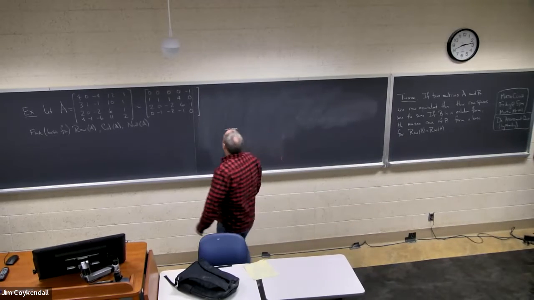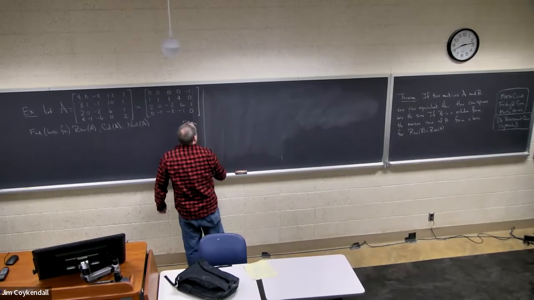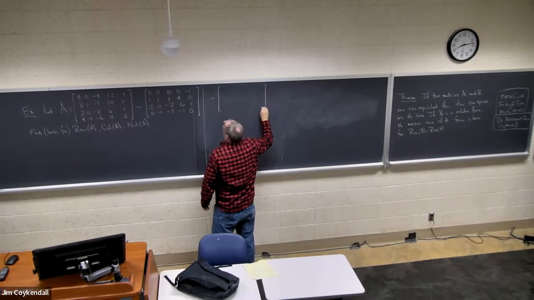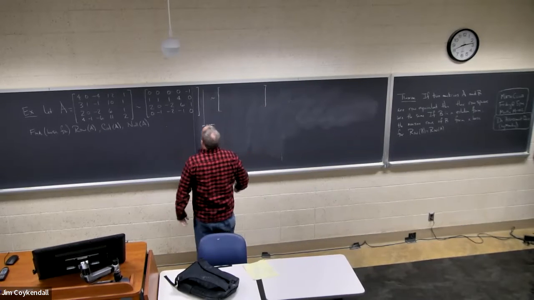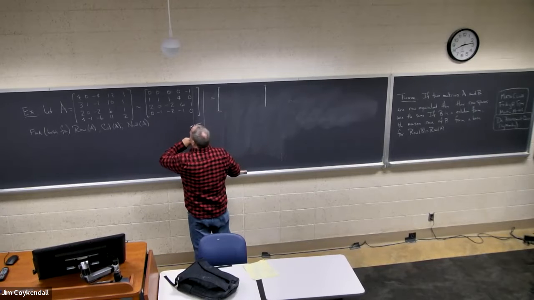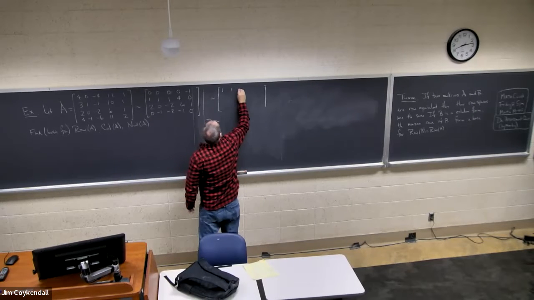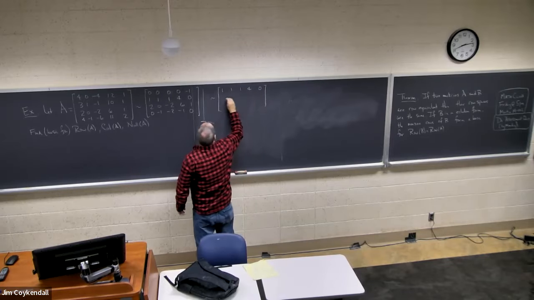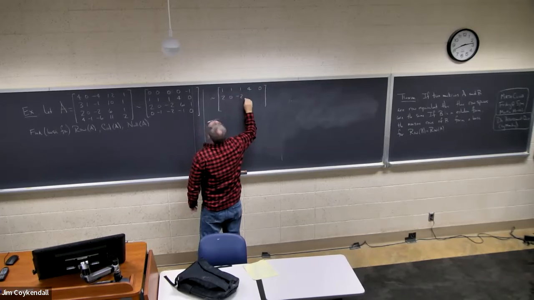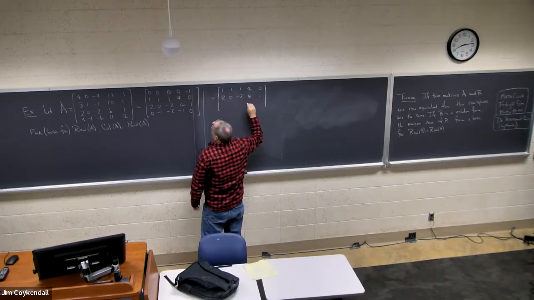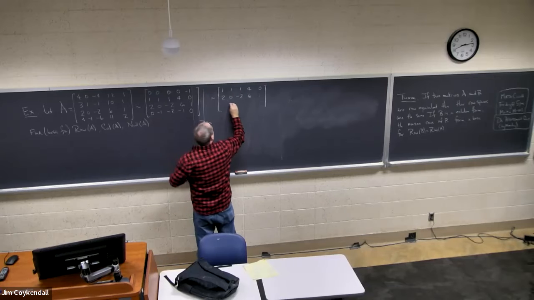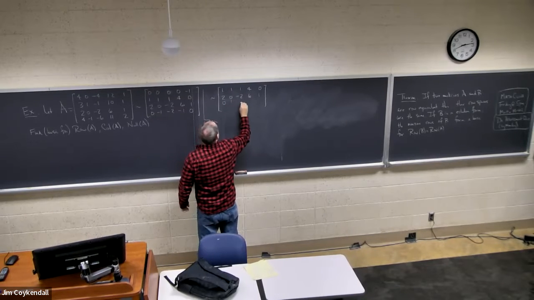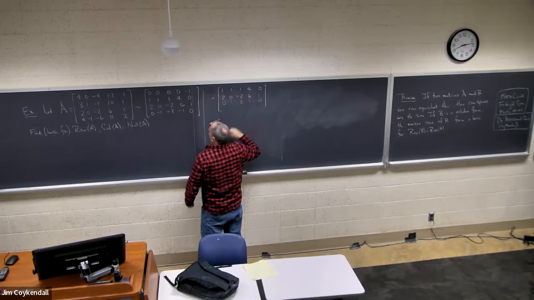Now, just to get my bearings here, I'm going to rearrange this a little bit. 1, 1, 1, 4, 0, 2, 0, -2, 6, 1, 0, actually, I'll change the sign on that. 1, 2, 1, 0.